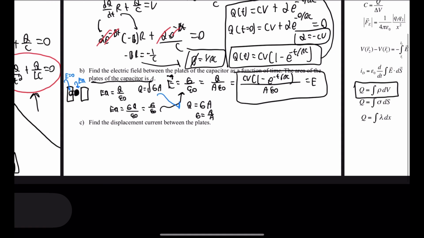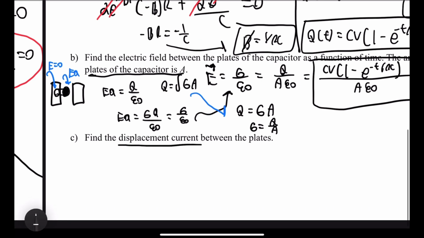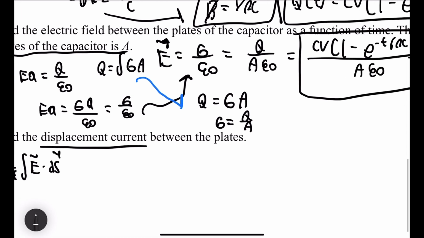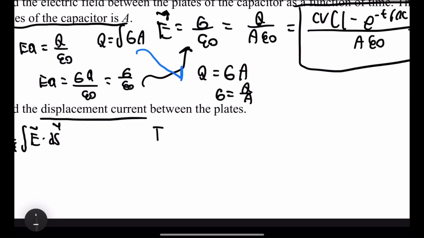Now for the last part, I want to find the displacement current between the plates. Recall displacement current is epsilon naught times the partial derivative with respect to time of the flux of the electric field. So let me find the flux of the electric field. The flux of the electric field is the integral of E dot dS.